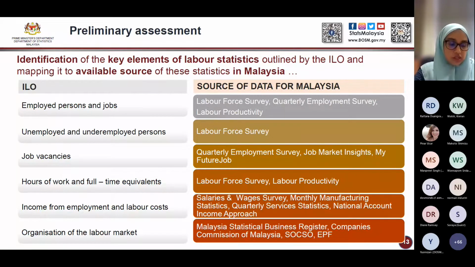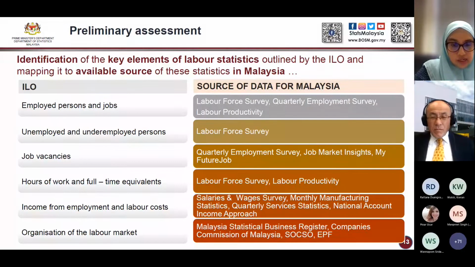And for the organization of the labour market as a whole, we have the Malaysia Statistical Business Register, Companies Commission of Malaysia, Social Security Organisation and Employees Provident Fund. So these are some of the things that we have already done to identify what data are available. Next slide, please.